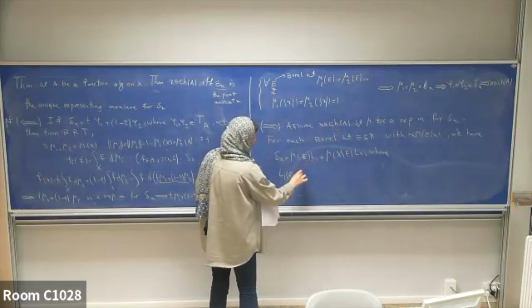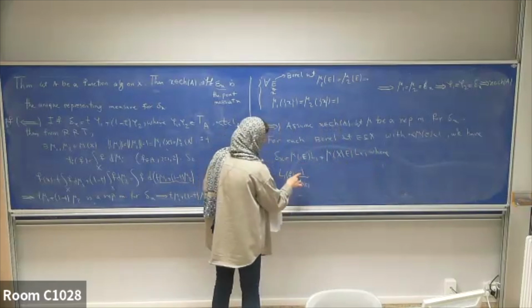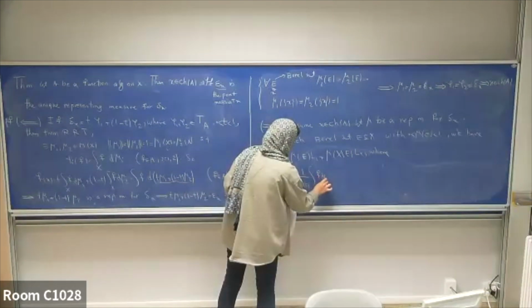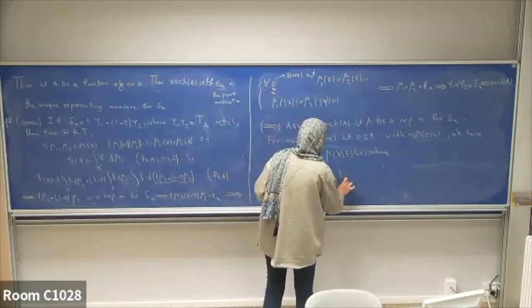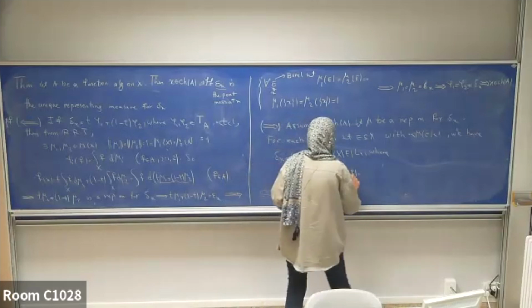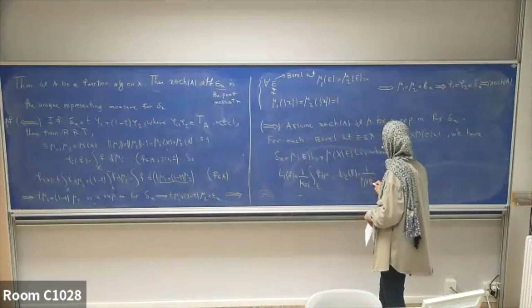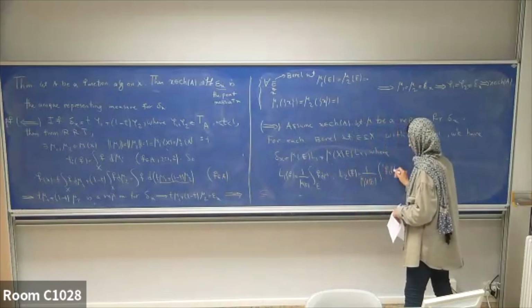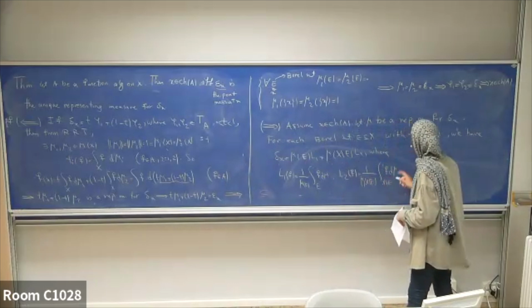It's clear. L1 of f is 1 over mu of E times the integral of f d mu on E, because finally we want to have f of x. And L2 of f is 1 over mu of (X minus E) times the integral of f d mu on X minus E. We don't have any problem here.